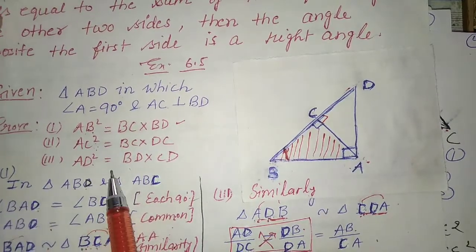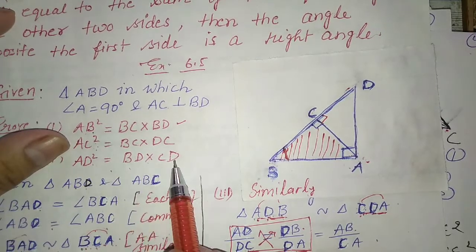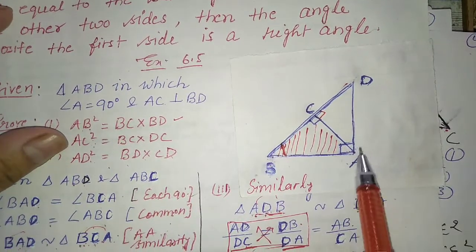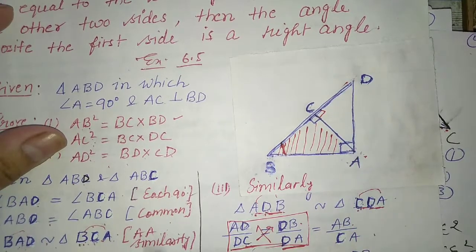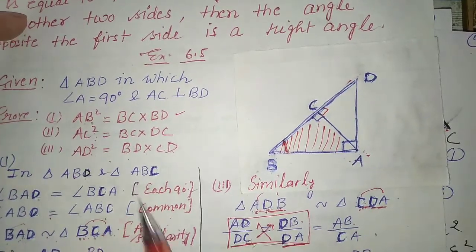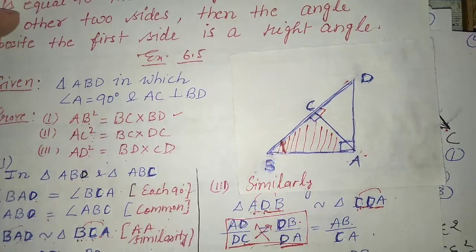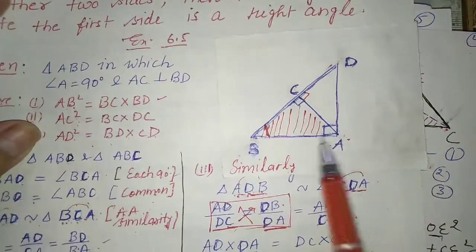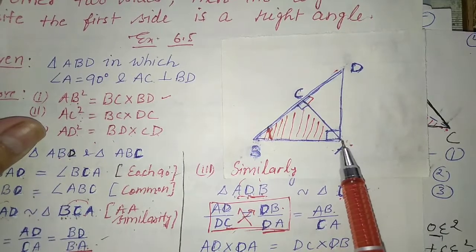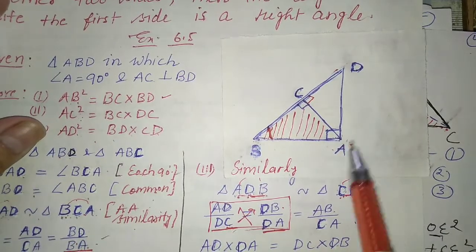Now see the third part: AD square is equal to BD into CD. In the third part we have to choose those triangles which have AD 2 times. Similarly, in the same way that we did the first part, we will do the third part. But in that we have to choose 2 triangles in which AD comes 2 times.